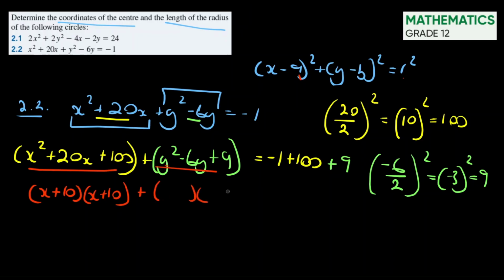Do the same thing for y, where you get minus 3 and y minus 3. Minus 3 minus 3 is minus 6. Minus 3 times minus 3 will give you positive 9. Then we go to minus 1 plus 100 plus 9, which will give you 108. So, which means we're closer to our answer.